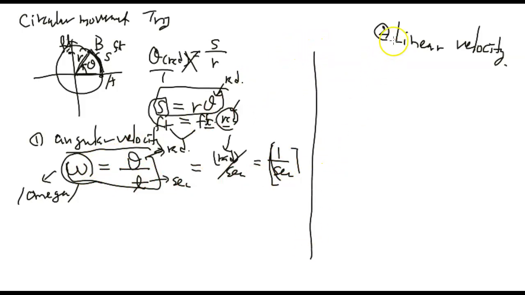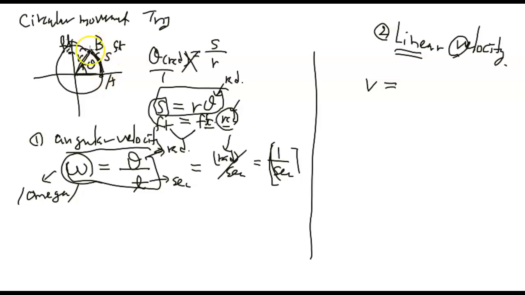How about linear velocity? For linear velocity v, the straight line distance is the subtended arc length.